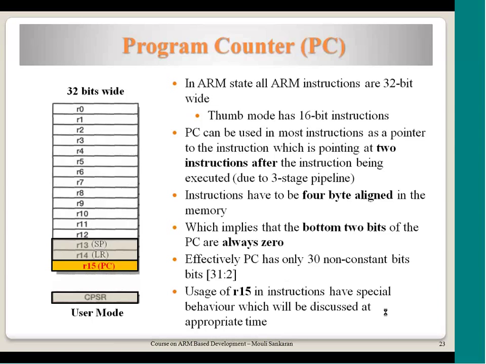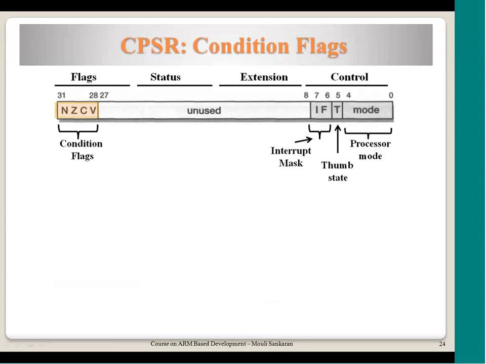Now the conditional flags, we have talked about this earlier. When some binary operation is done, how these flags are set, we understood. Now this is the place they occupy in the CPSR register. The MSB 4 bits are mapped onto these flags. The other bits are left unused, and we'll see what all these other bits mean.